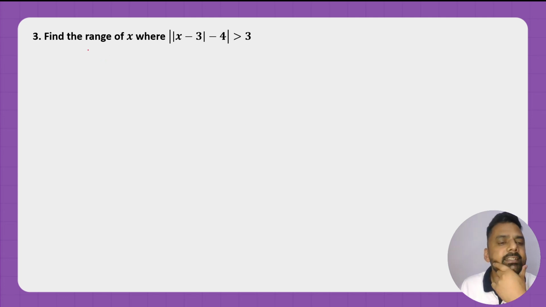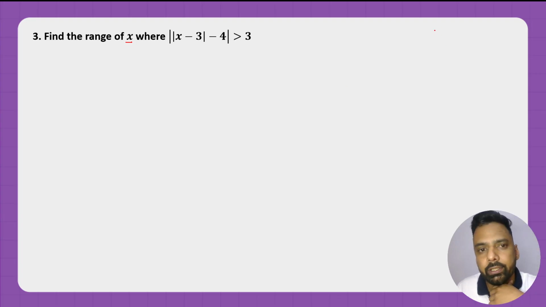So guys, the next situation is to find the range of x where mod of mod of x minus 3 minus 4 is greater than 3. The concept we are going to use is that if mod of a is greater than 3, then a has to be less than minus 3, or a has to be greater than 3.